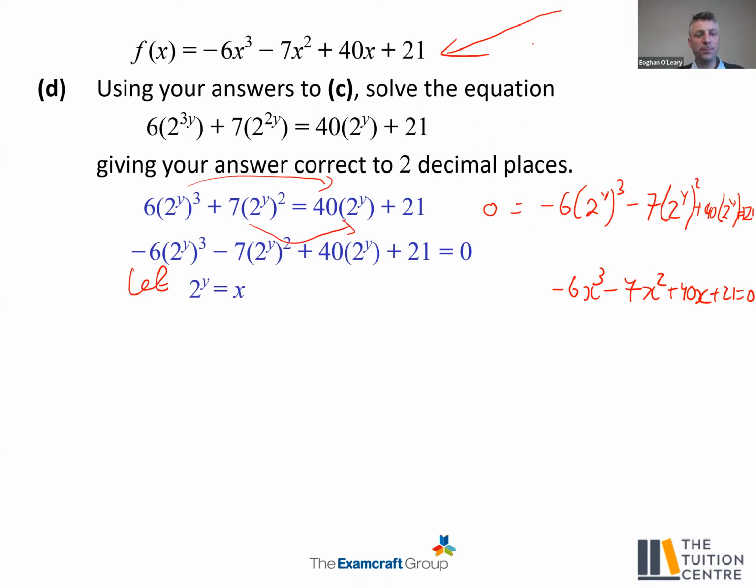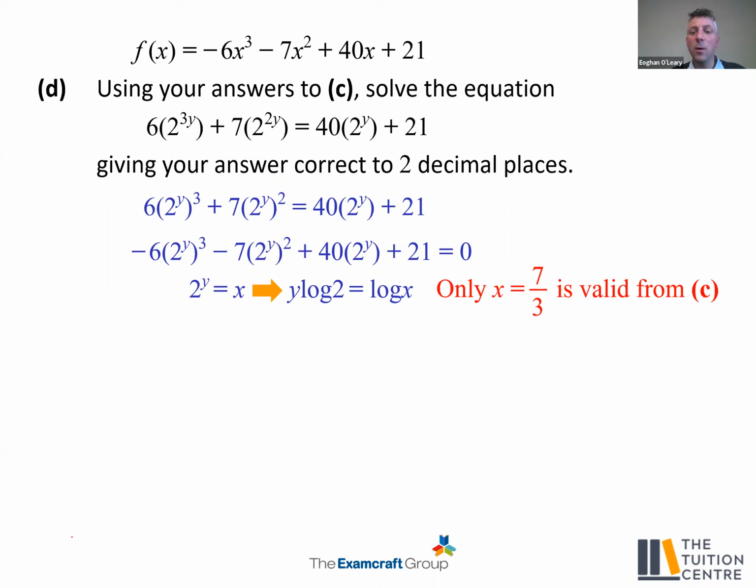Now, we know from our previous answers that x equals 7 over 3 is the only valid answer that we can continue on with from our previous part.